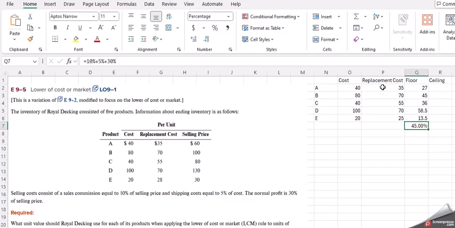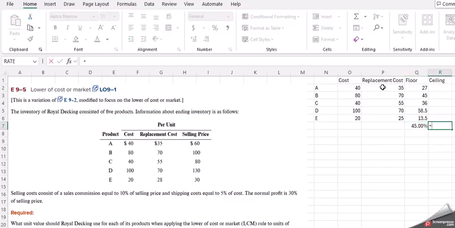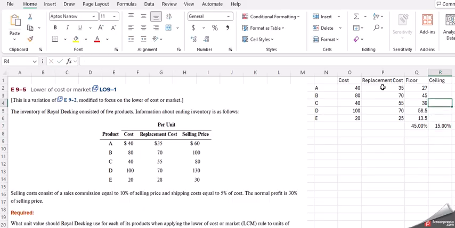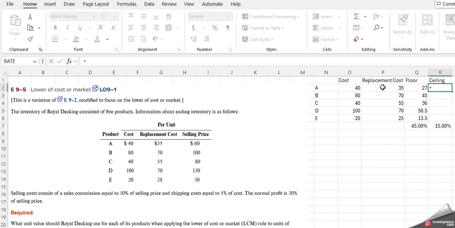So that's the lowest I can go. Then the ceiling is going to be the net realizable value. So then that is the 10% plus the 5%, so 15%. So then again, we go back to the selling price, 60 times 0.85.